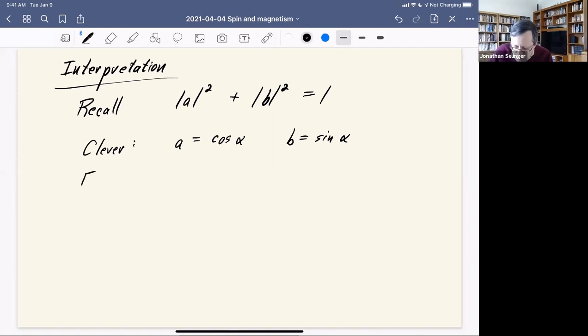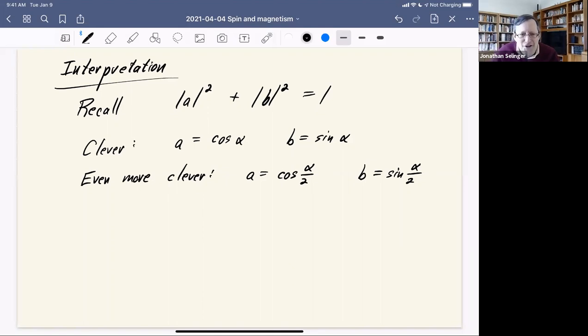That would be pretty clever. But the guys who wrote the textbook are even more clever. They say, let A be the cosine of alpha over 2, and B be the sine of alpha over 2. And you're thinking, alpha over 2?